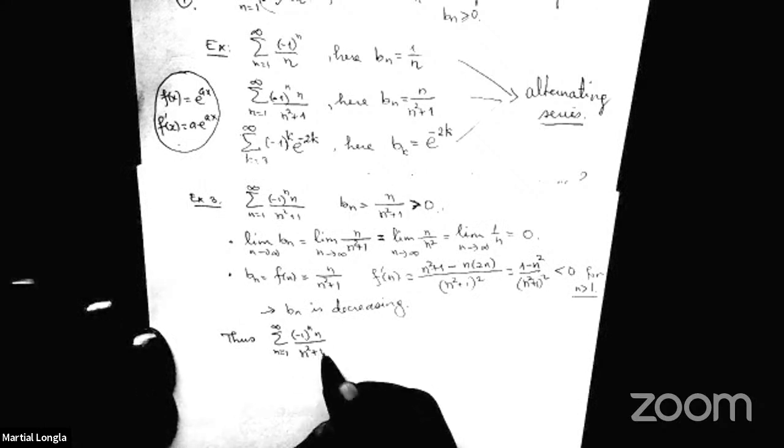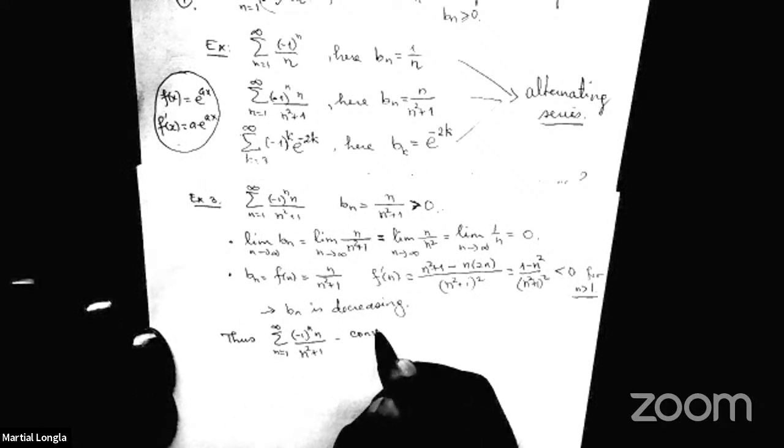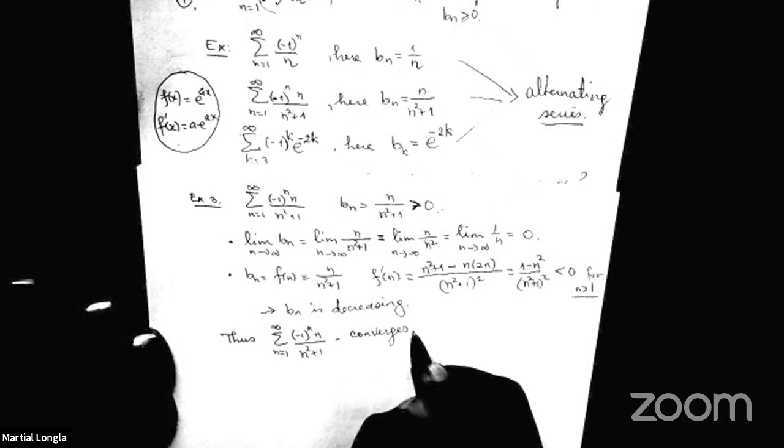So you have a decreasing bn, limit 0, bn positive, therefore this converges. That's it.